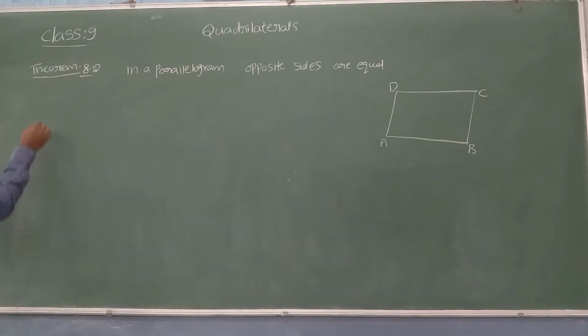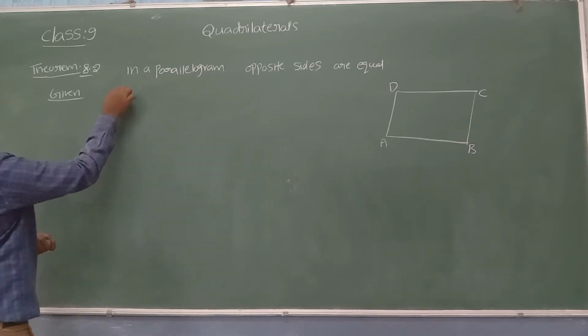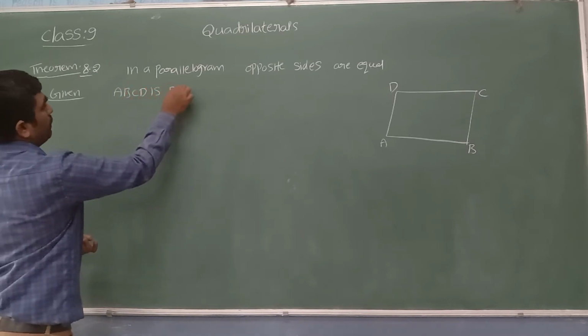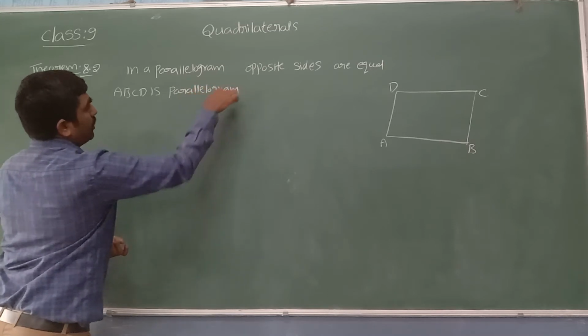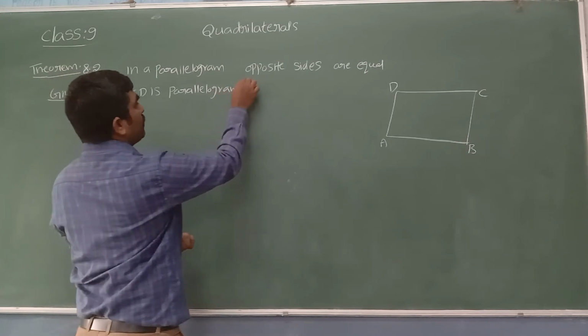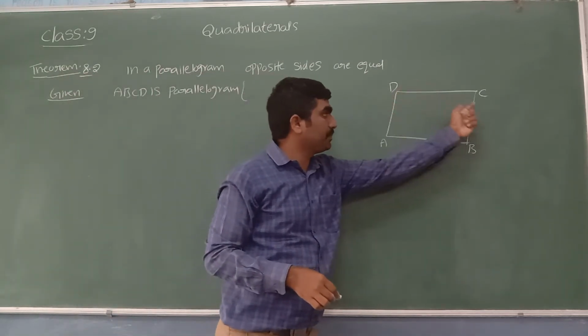Yes, we write the given data first. What is the given data here? Sir, they said it is a parallelogram. Given: ABCD is a parallelogram. What is meant by a parallelogram? A parallelogram is nothing but a figure whose opposite sides are parallel. Two pairs of opposite sides are parallel.